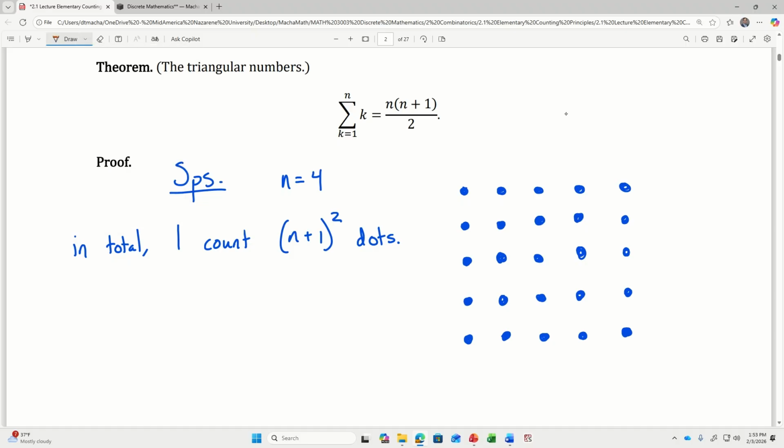But another way I could count these is I could count by diagonals. All right, so here's 1, here's 2, here's 3, here's 4.